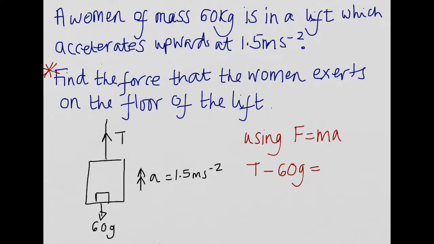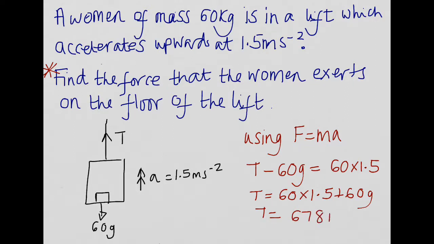And that would be my mass, which is 60, multiplied by my acceleration, which is 1.5. So if I then type that all into a calculator, which you can do as well, we will get the answer of 678 newtons. So that's my tension.